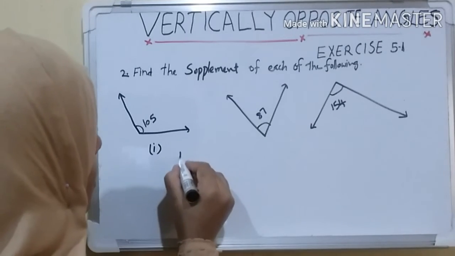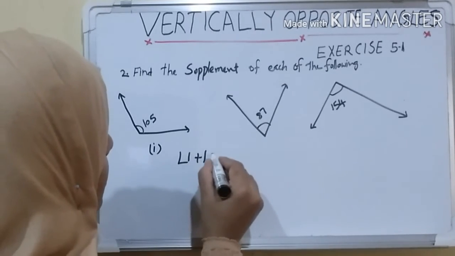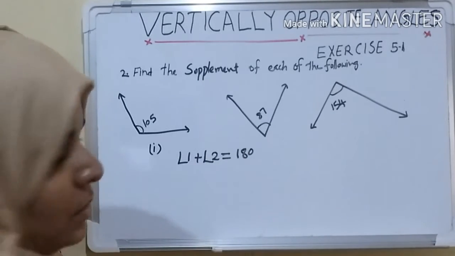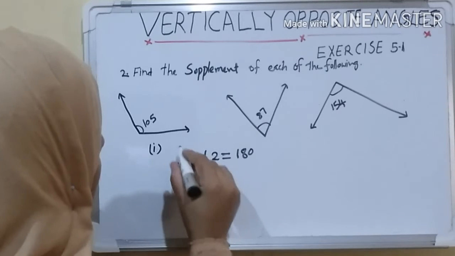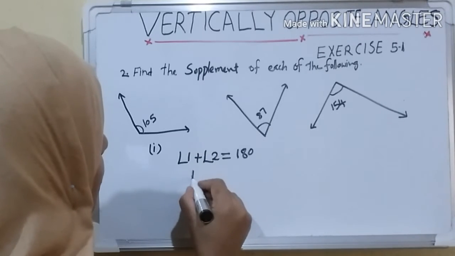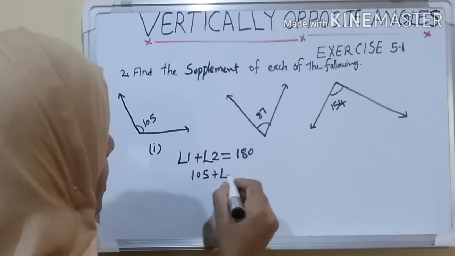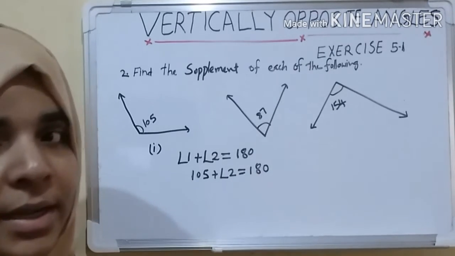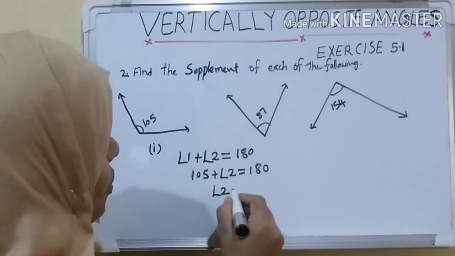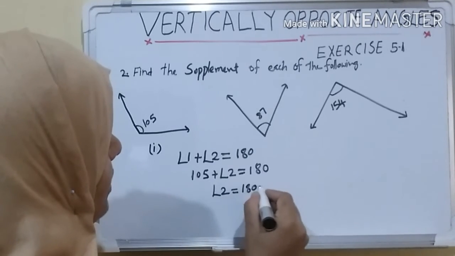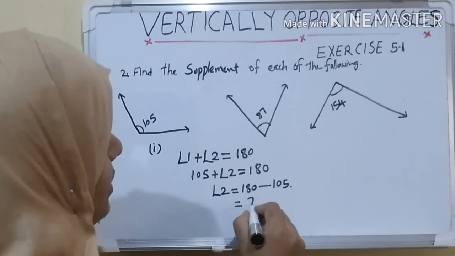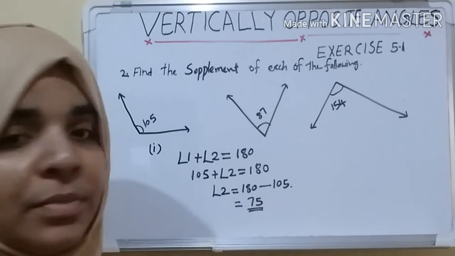We know that the sum of two angles is 180. So angle 1 is 105. We don't know the other angle, so write angle 2, equal to 180. So angle 2 equals 180 minus 105, that is equal to 75 degrees.